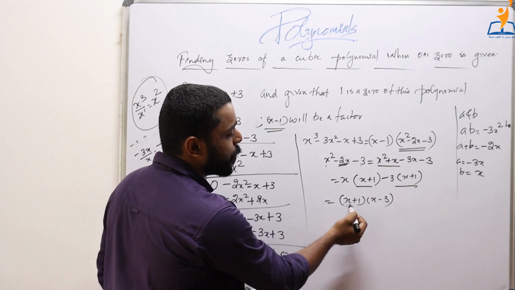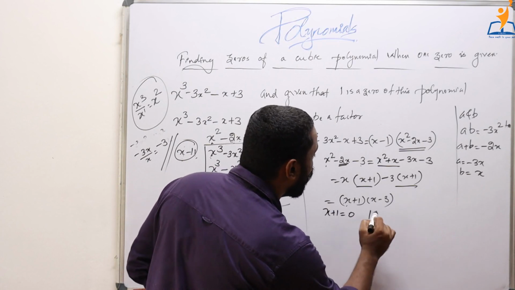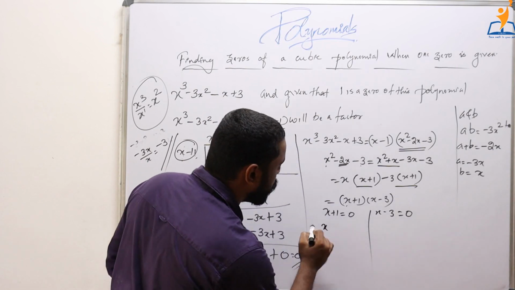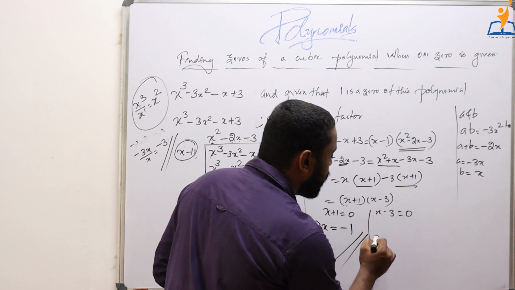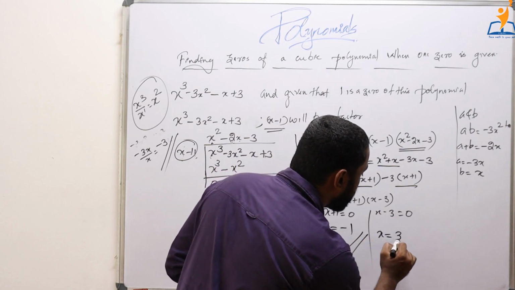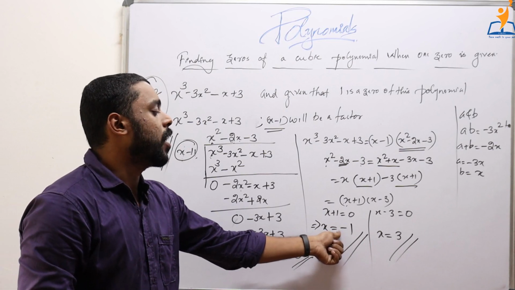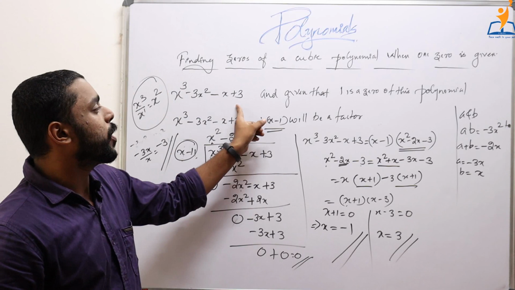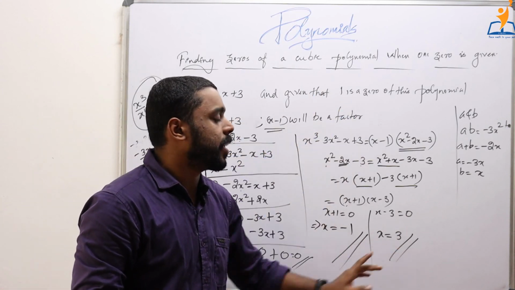We can get either x plus 1 equal to 0 or x minus 3 equal to 0. So when x plus 1 equal to 0, x equal to nothing but minus 1. When x minus 3 equal to 0, x is nothing but 3. So we got the other two zeros are minus 1 and 3. So the three zeros of this cubic polynomial is nothing but 1, minus 1, 3.